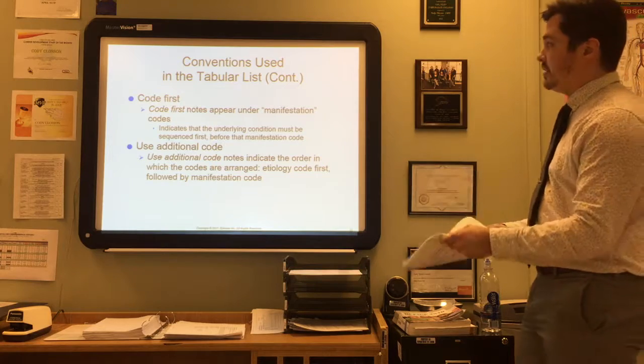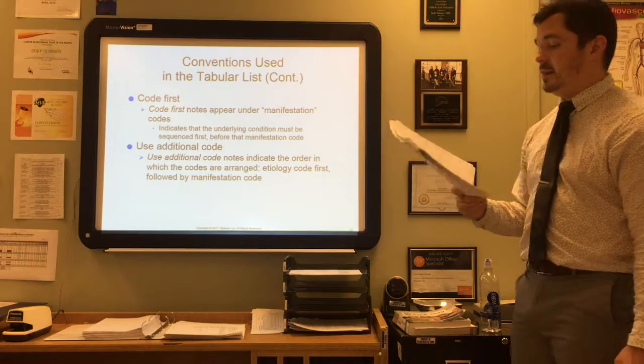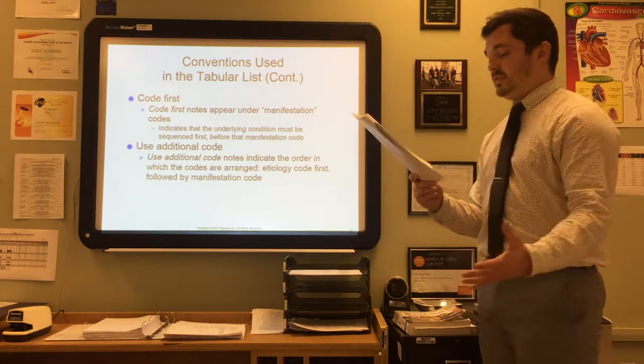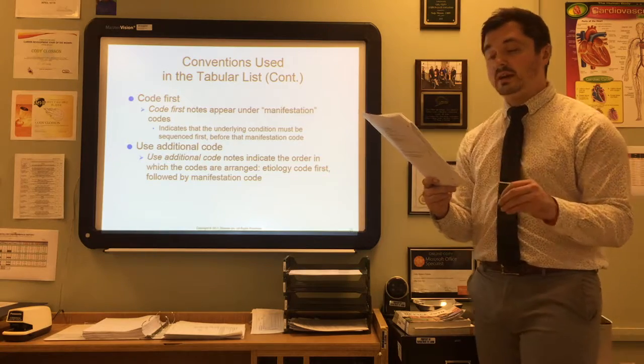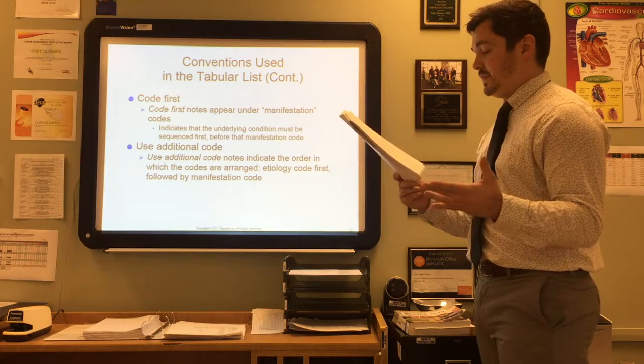You can have a code first convention. So code first notes appear under manifestation codes. Manifestation codes specify the way in which an underlying condition appears. It manifests as a result of an underlying etiology.